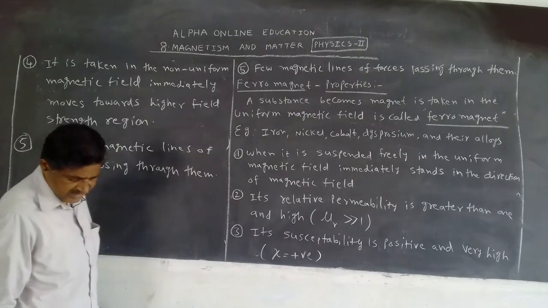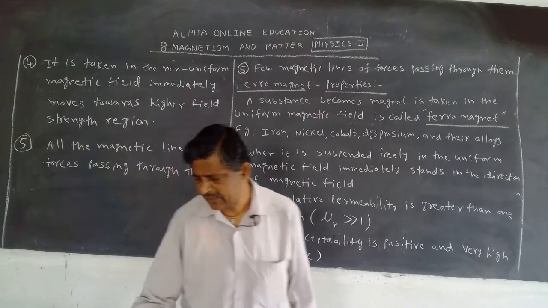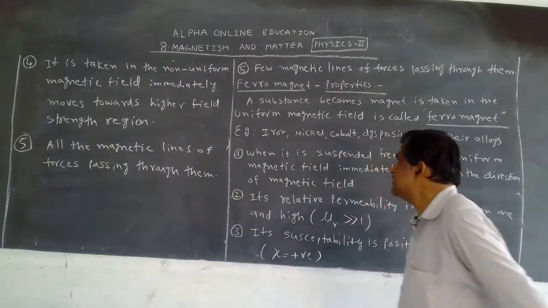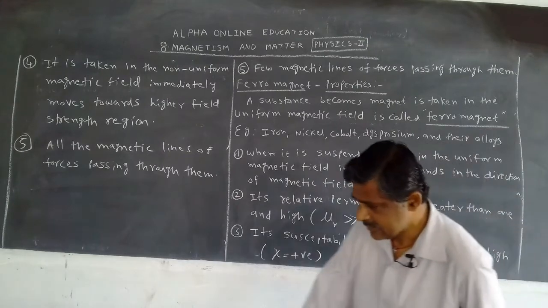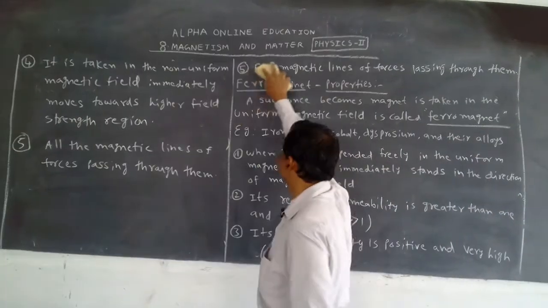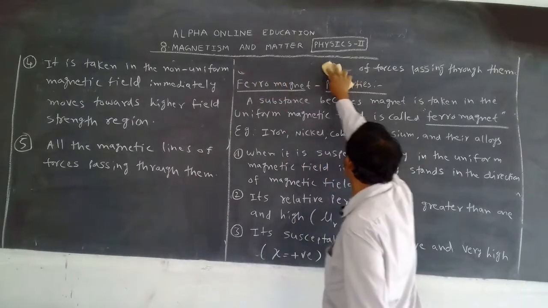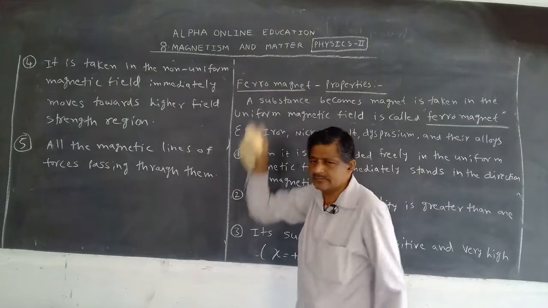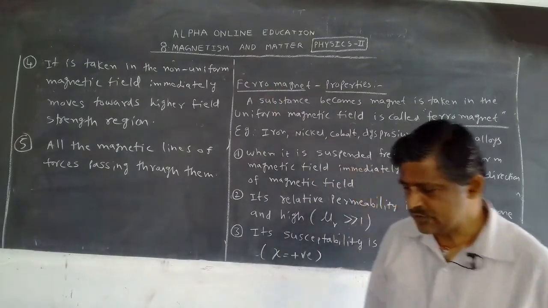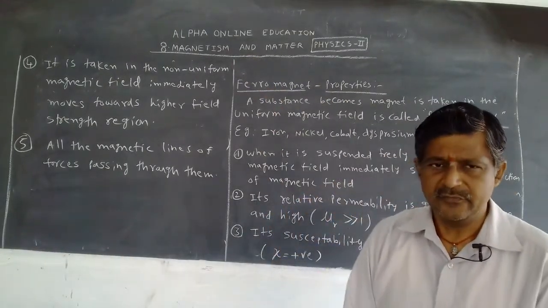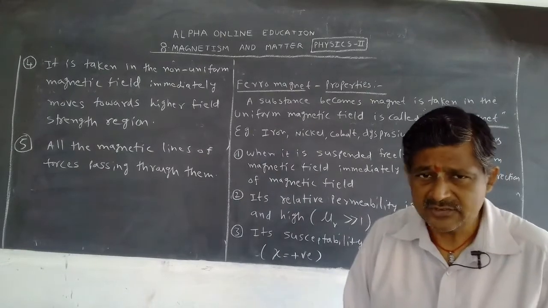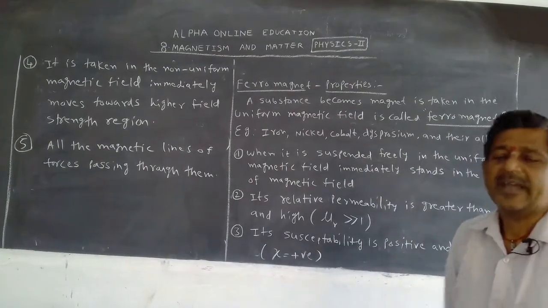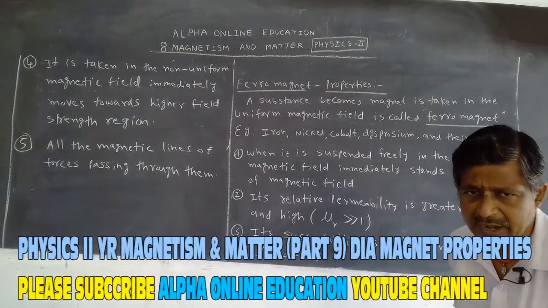These are the properties of ferromagnets. Now in ferromagnets, all are solids: iron, nickel, cobalt, dysprosium and their alloys. All ferromagnets are solids. Okay, this is about the types of magnets: dia, para and ferro.